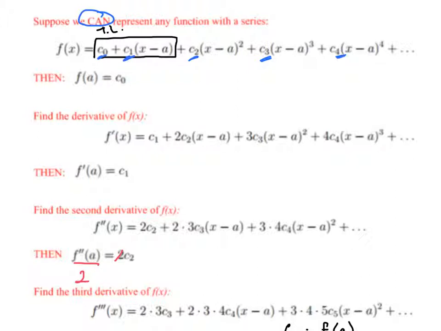So again, this one would be the fourth derivative evaluated at a divided by 4 factorial. This one would be the third derivative evaluated at a divided by 3 factorial. And the way I know that is because it's always the same as the power.